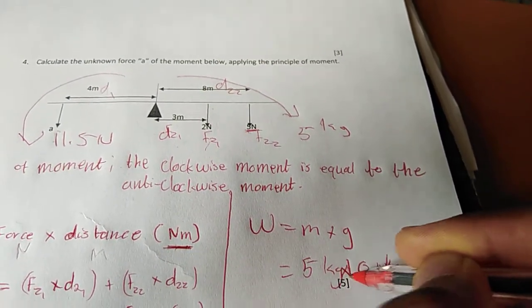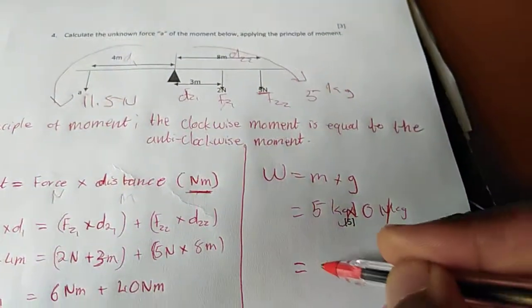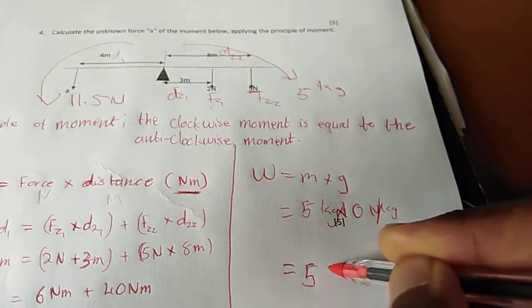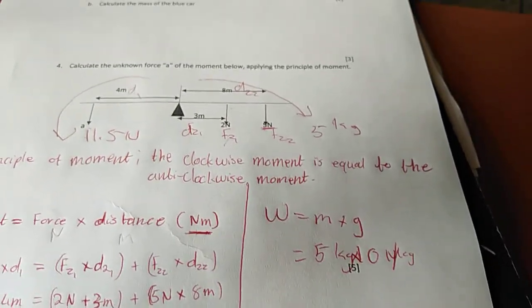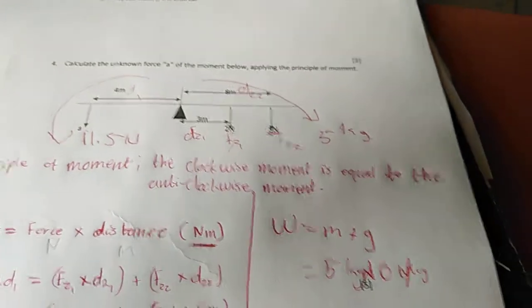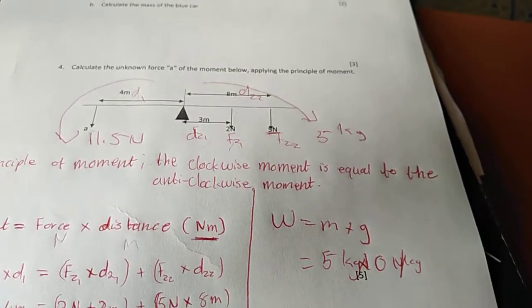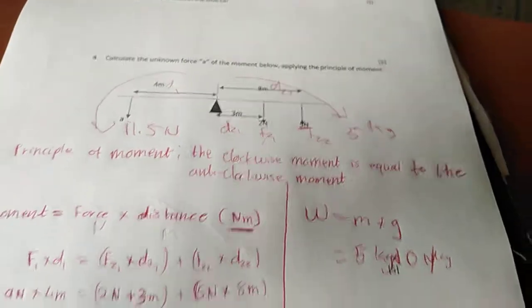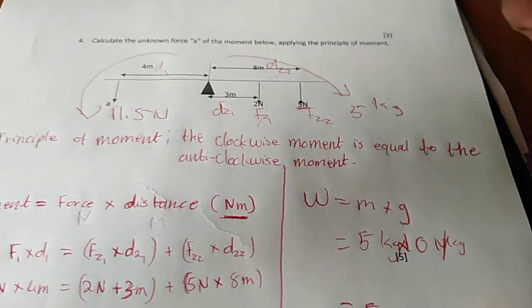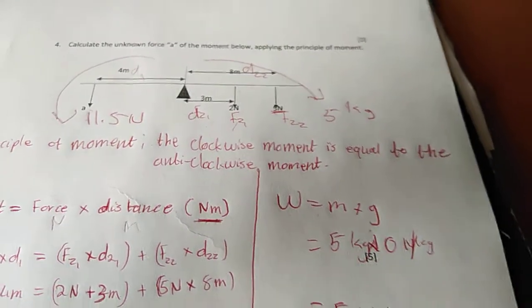So you multiply them, and you end up with your weight, or your force, as 50 Newton. This is your weight. So whenever you are given kg in doing the moment, convert your mass into your force. Weight is equal to mass times gravity.